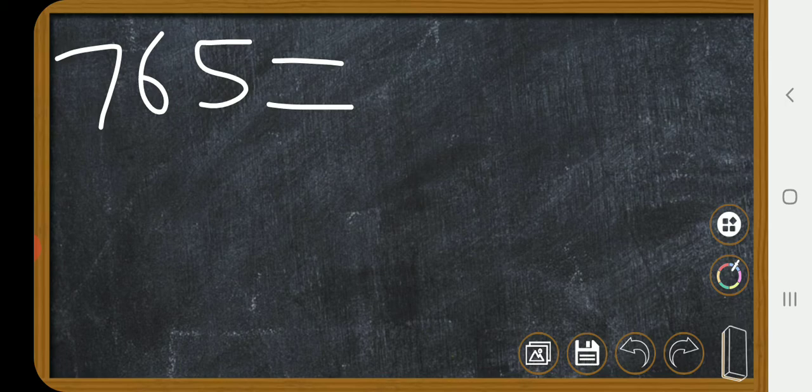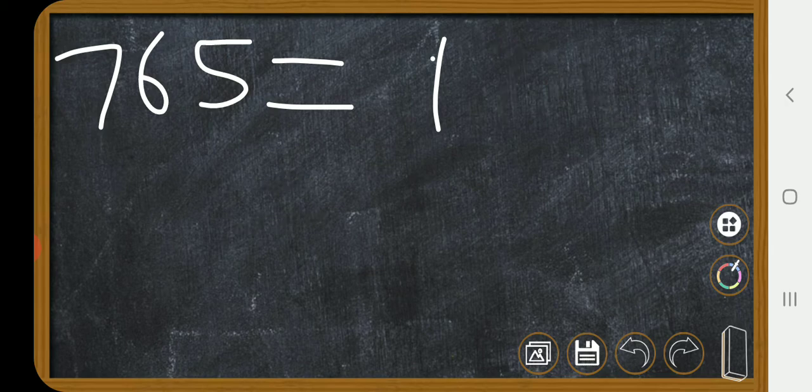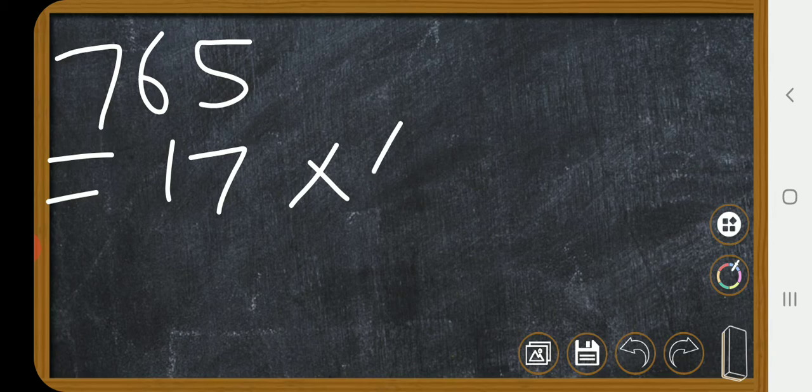In horizontal arrangement, if you see, 17 multiplied by 45.